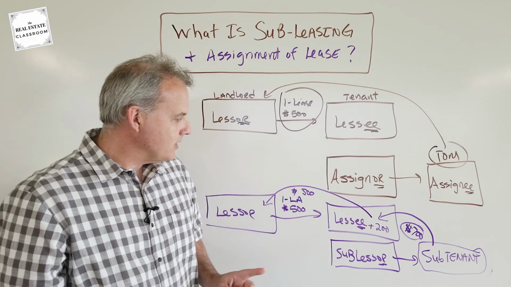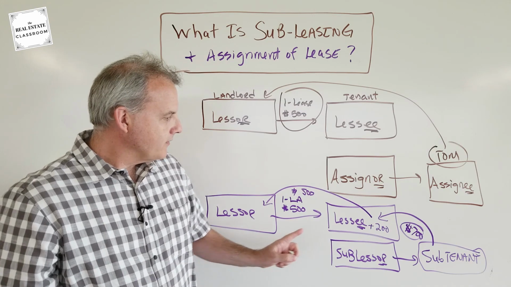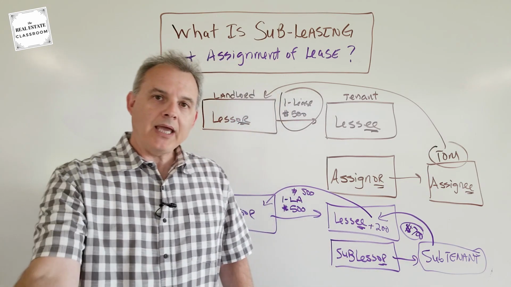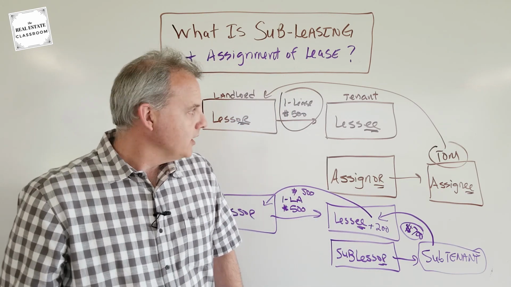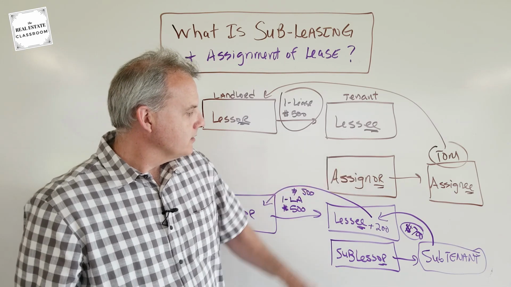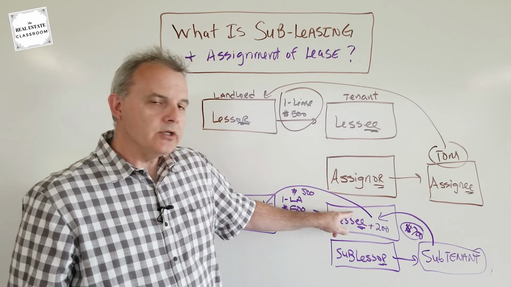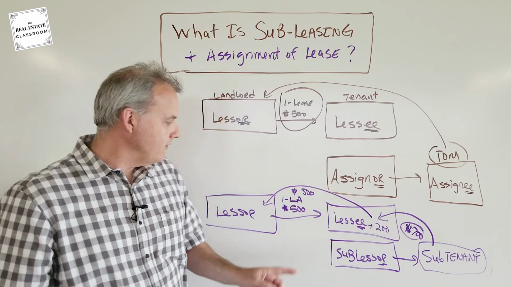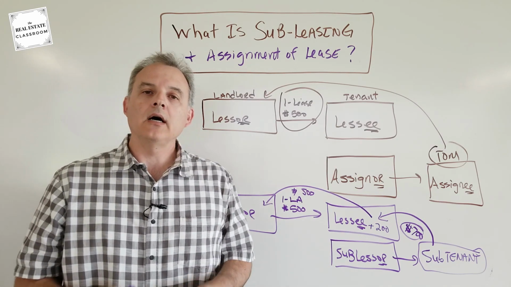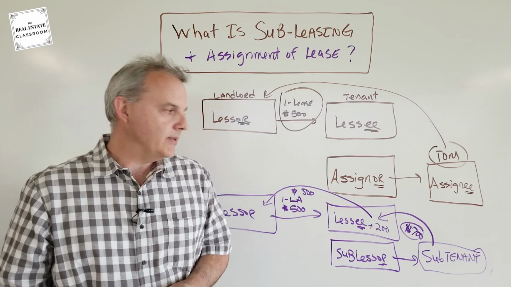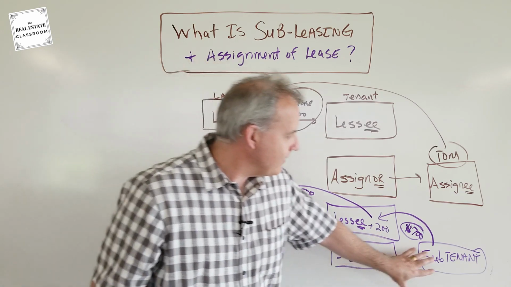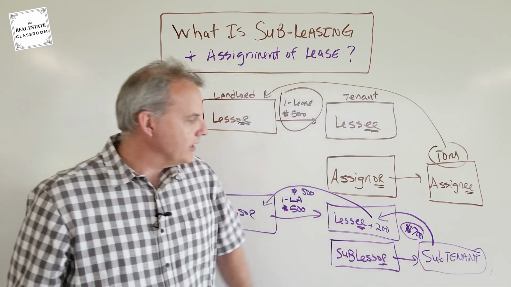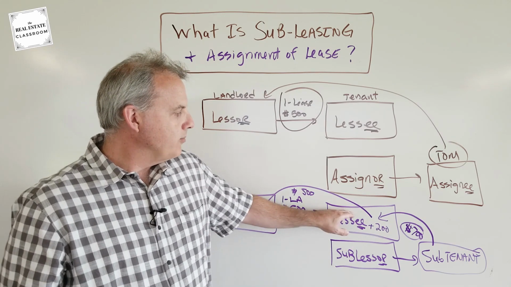Now here's the interesting thing. If the subtenant stops paying the rent, just like in our assignment, the original tenant is still responsible for all the terms and conditions of that original lease agreement. Even though they have a separate lease agreement here, they're still bound by it.